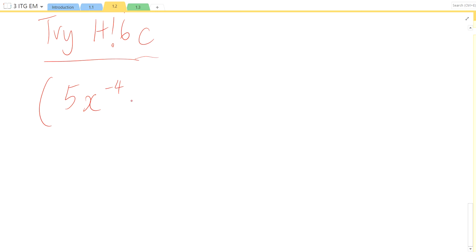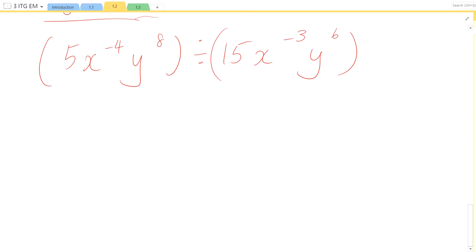5x power negative 4, y power 8 divided by 15x power negative 3, y power 6 with brackets over here. There are different things that we can do. I would like to get rid of that division. How do I get rid of the division sign? Keep the first, invert the second, or simply convert it to a fraction, right?